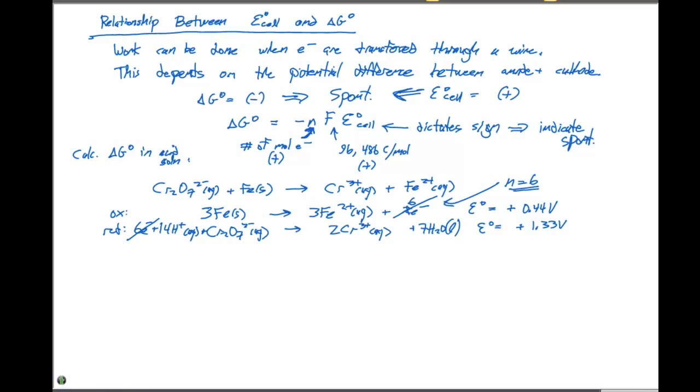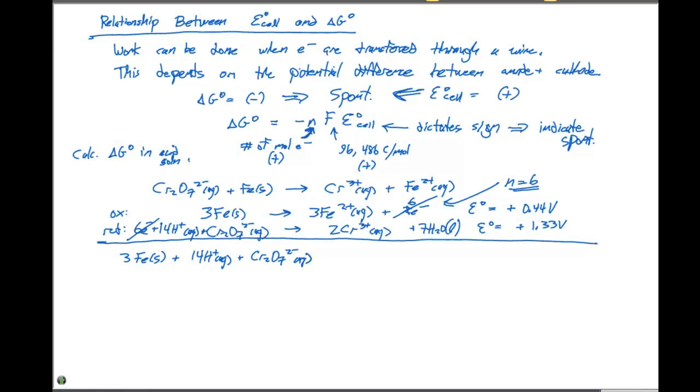When we put everything together and write the overall balanced equation for this process, we're going to have 3 iron solid plus 14 H plus in aqueous solution plus Cr2O7 2 minus in aqueous solution, giving us 3 Fe2 plus in aqueous solution plus 2 Cr3 plus in aqueous solution plus 7 waters.